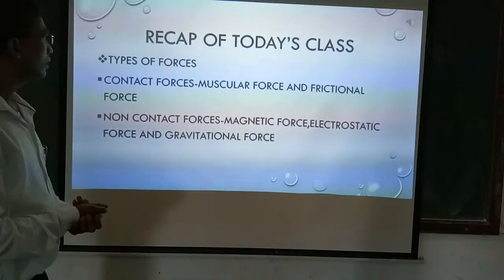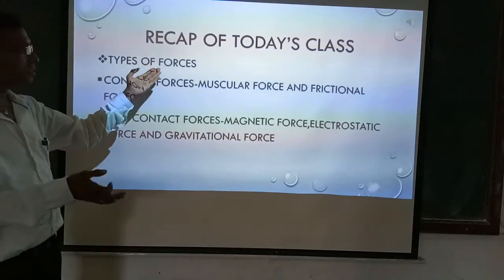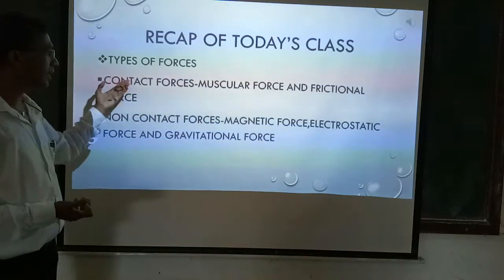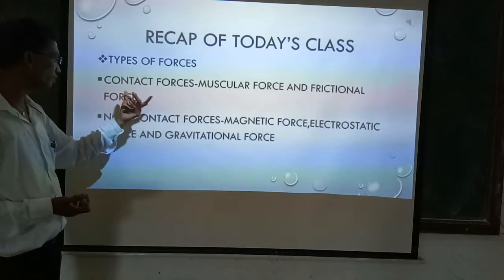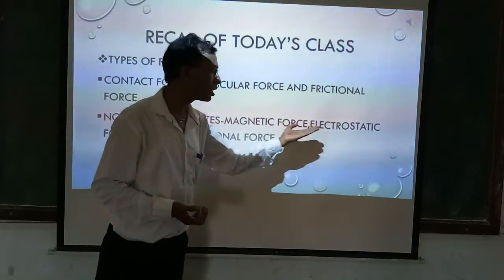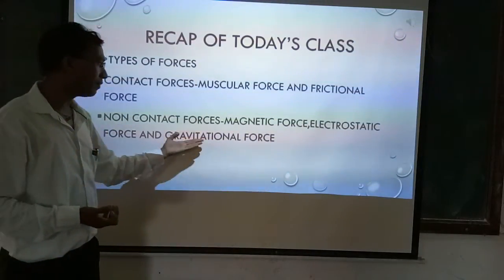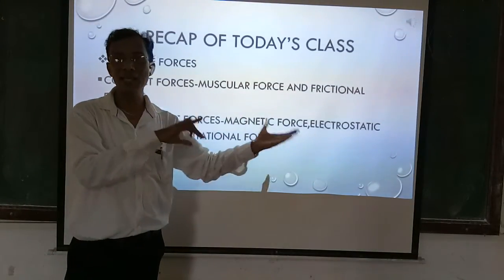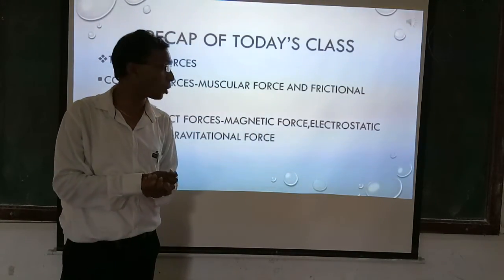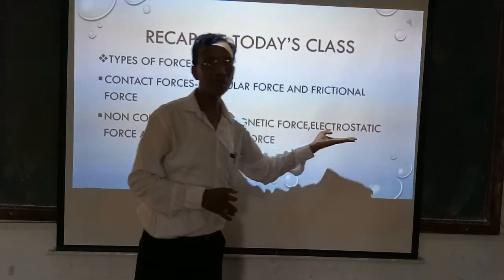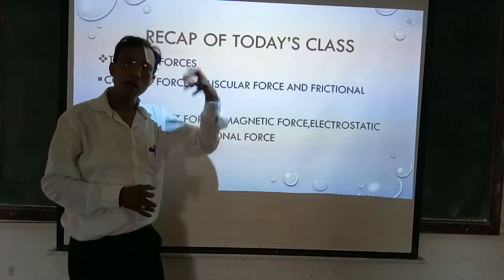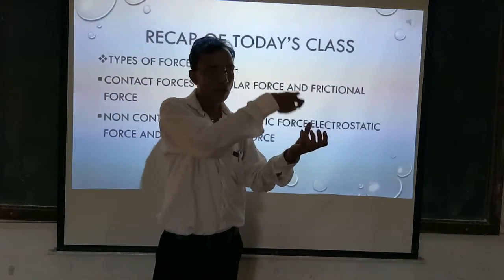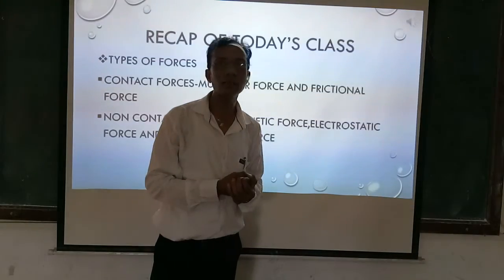Keep in mind all the types of forces we have discussed here. There are contact forces and non-contact forces. Contact forces are muscular force and frictional force. Non-contact forces are magnetic force, electrostatic force, and gravitational force. With electrostatic force, when you comb dry hair and bring the comb near a piece of paper, one type of charge is produced in the comb.